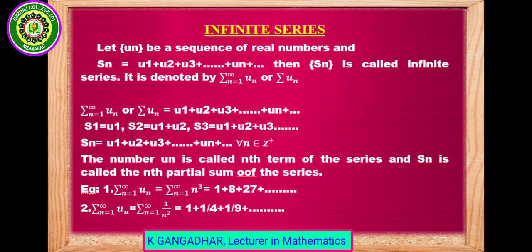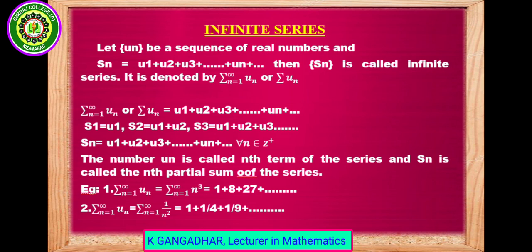So for example, sigma n cube. Here terms start from n equal to 1 and go up to infinity. First term 1 cube plus second term 2 cube plus third term 3 cube.